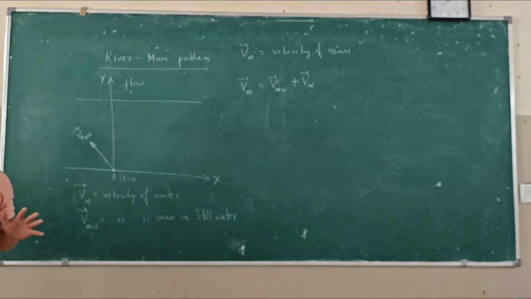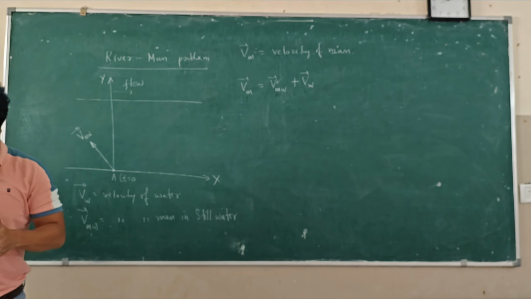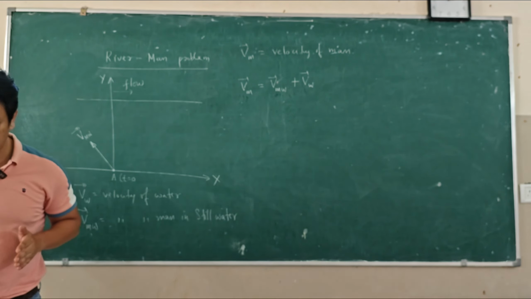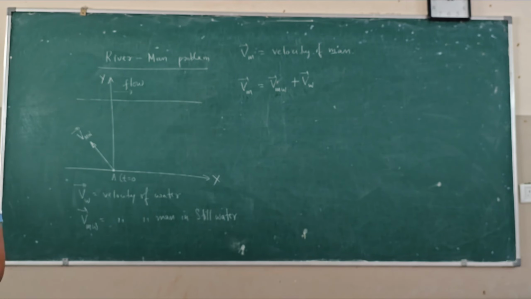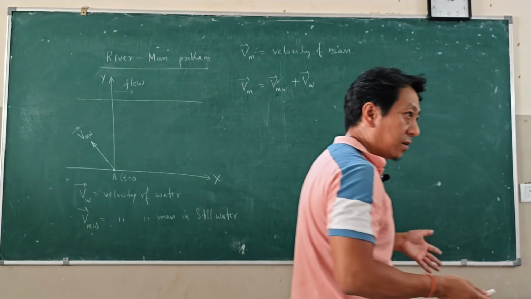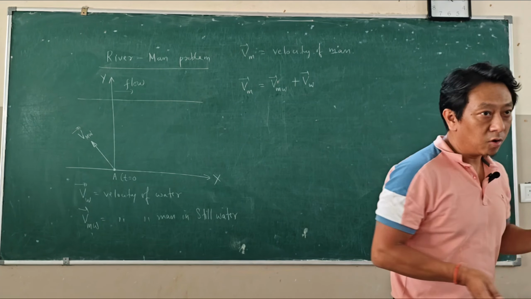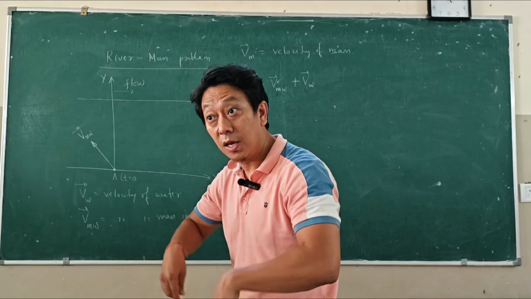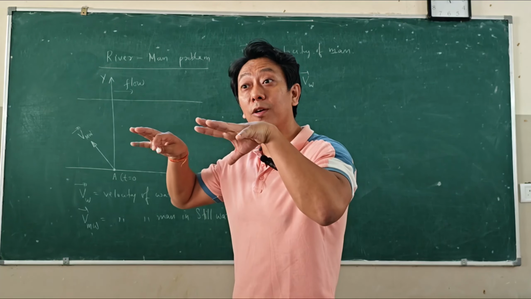So in water, just like in a bus, you may be walking perpendicular to the movement of the bus. Bus is going here, but you may be walking perpendicular. You may be walking sometimes parallel. Sometimes you may be walking opposite to the movement of the bus. So that is what? Your velocity in bus, matlab with respect to bus.